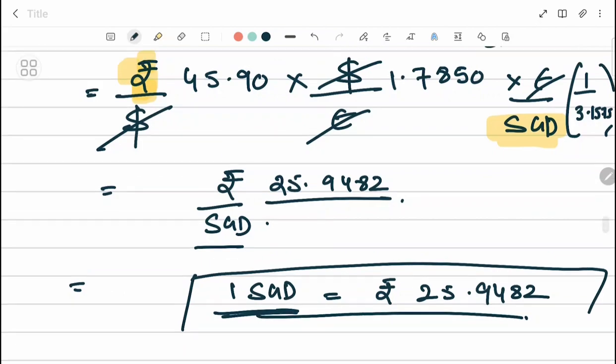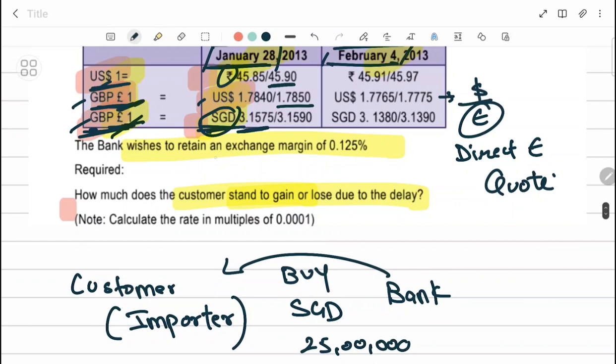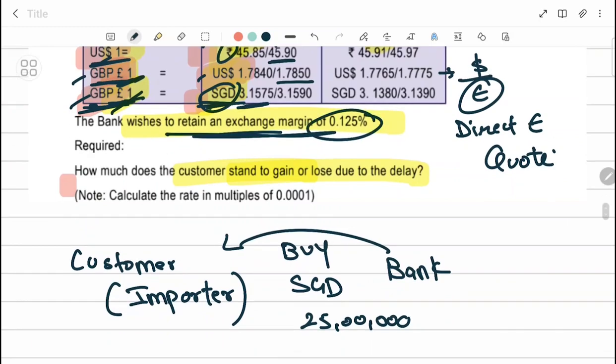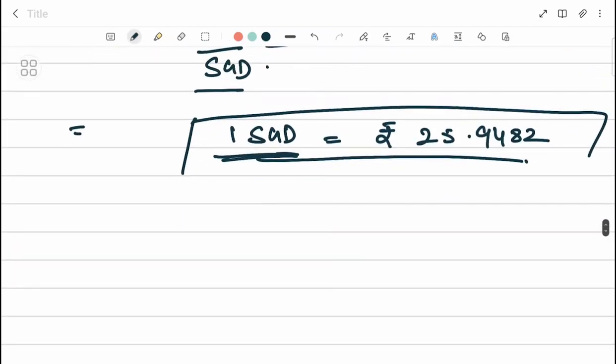This is your code. One more thing: in the question we are forgetting something. The bank wishes to retain an exchange margin of 0.125%. When will the bank retain this margin? When the bank sells, the bank will always sell at a higher price, the extreme high price, like the base ask plus the exchange margin. Use your common sense. When the bank is selling, it wants to make the utmost profit it can make, so the ask plus the extra margin they will add.